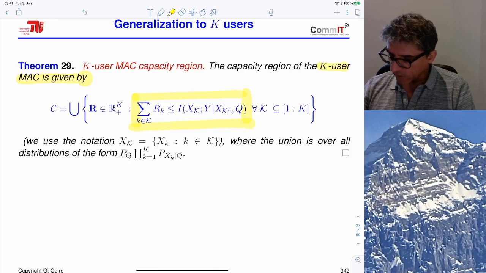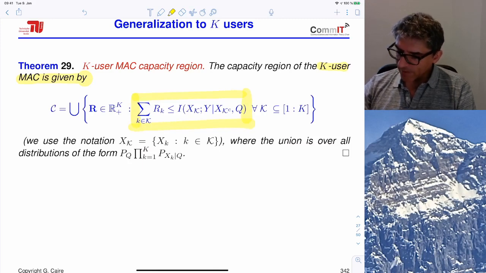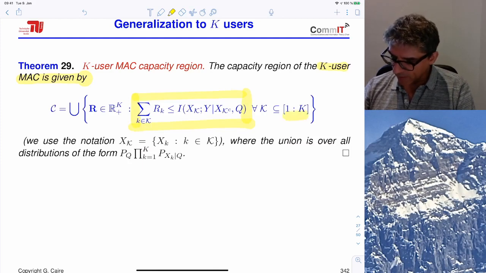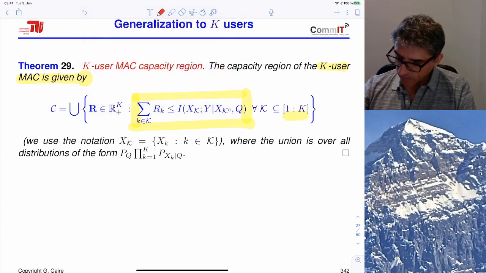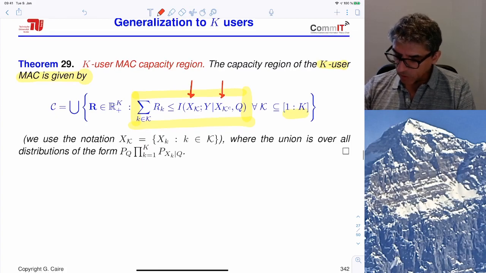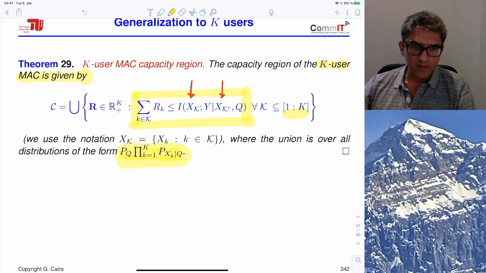These inequalities are, for every subset calligraphic K of the user index set, we put some of the inputs in subset K here, and the inputs in the complement subset in the conditioning. And then this union is over all possible joint distributions given by this product form. So it's p(q) and then the product of all p(x_k given q).